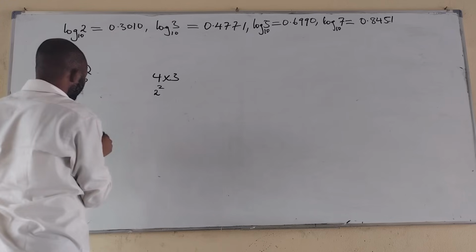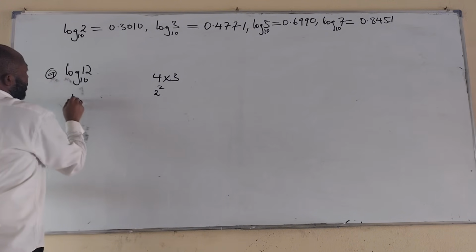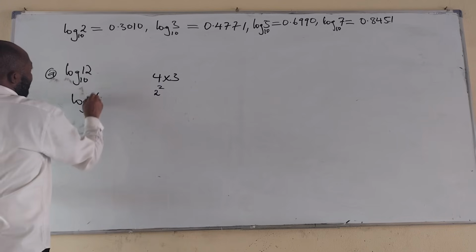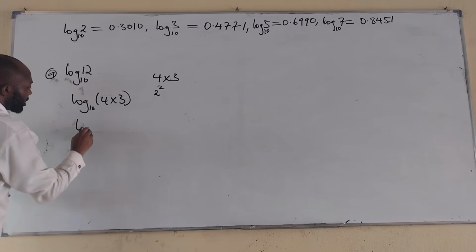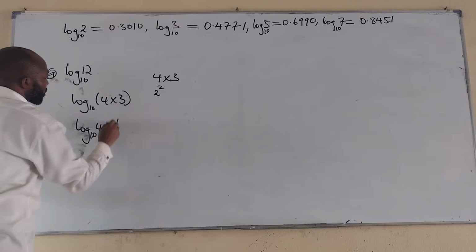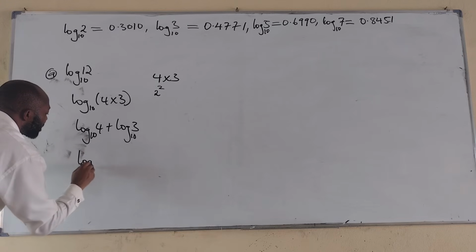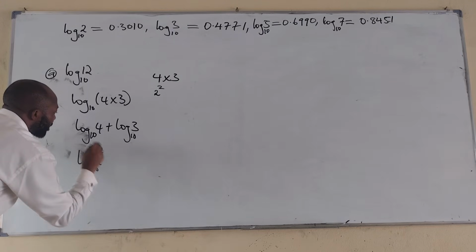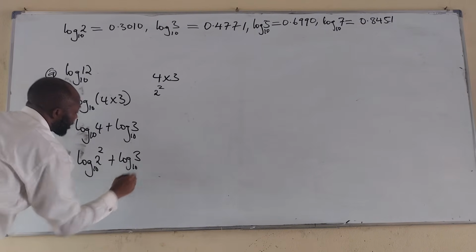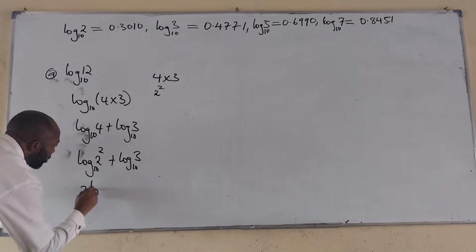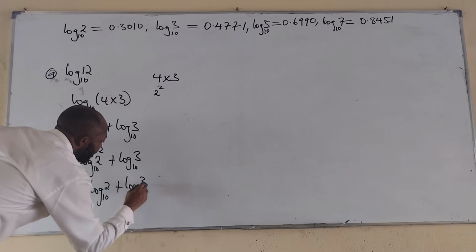So log 12 becomes log 4 plus log 3, which is log of 2 squared plus log 3. So this is 2 log 2 in base 10 plus log 3 in base 10.